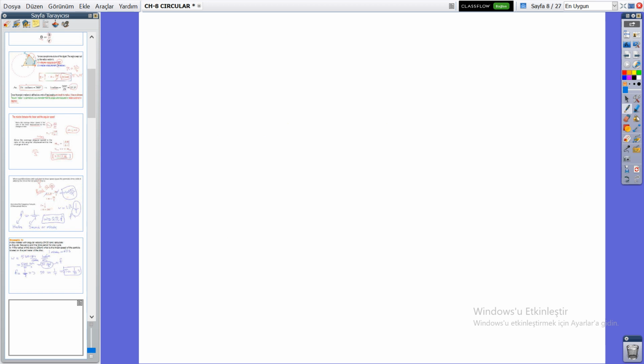Calculate the linear speed of the particle. First, we will find the angular speed. If you remember our equation, angular speed equals 2 pi times frequency. We found the frequency, so angular speed equals 2 pi times 90. In the equation, if it says pi, we can accept 3, or we can leave the pi.